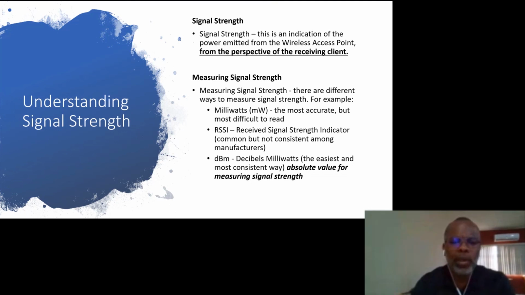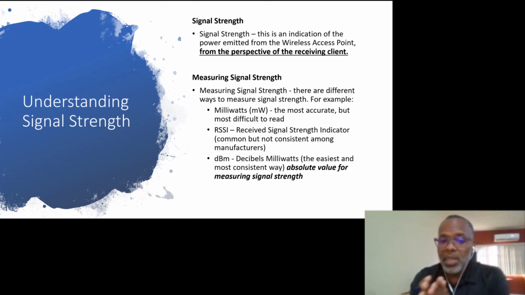From the perspective of the receiving client. So signal strength for my device may not be signal strength for your device. Signal strength is the indication of the power from the wireless access point, but from the perspective of your device, guys. So when you look at your device, you may be seeing 3 bars.